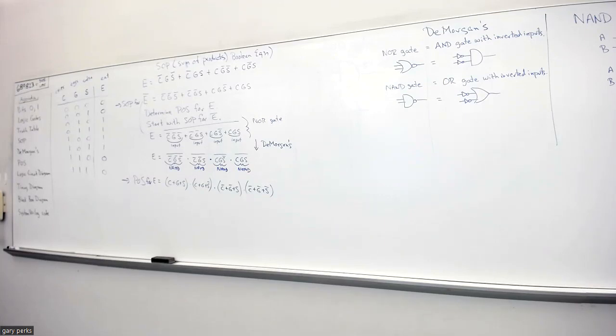Now, output E should go to a 1 when we have no salsa, we do have eggs, and we don't have chips. So that would be during this time here. During this time here, S is 0, G is 1, C is 0. So you see the minute this G input goes high, that's when our E output should go high.